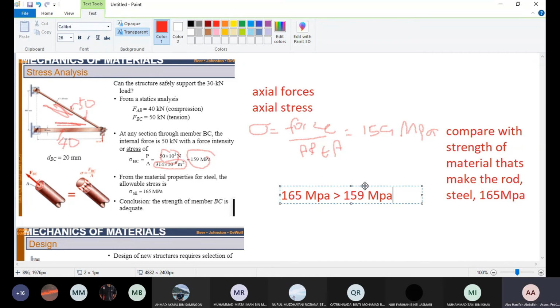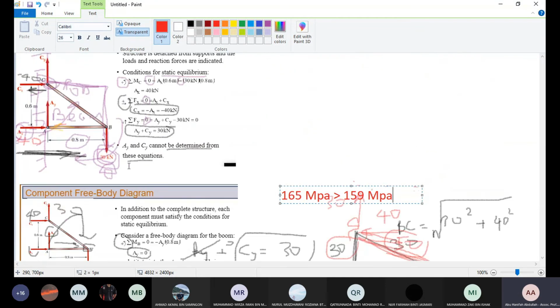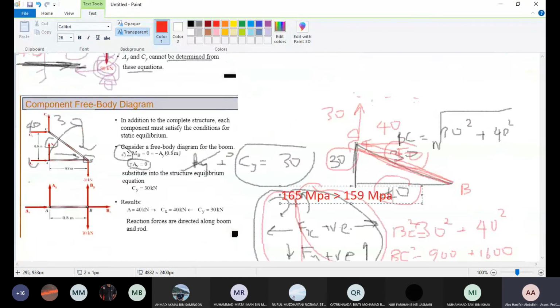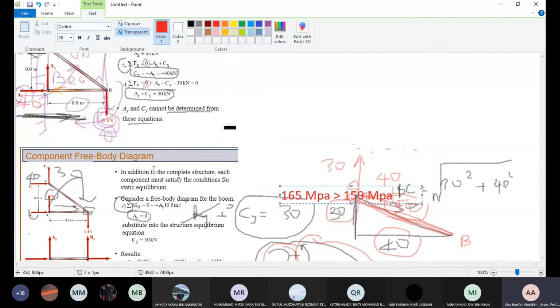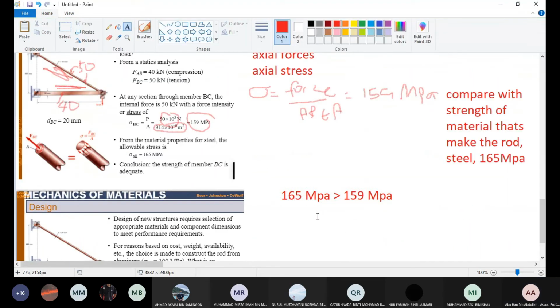So remember, from the first problem, you can see the problem is we have a rod, we have a beam attached to the wall, we apply 30 kilonewton, we resolve the forces to each member. Step 1, step 2, then you end up with the forces of each member.